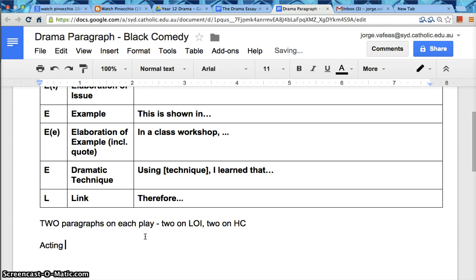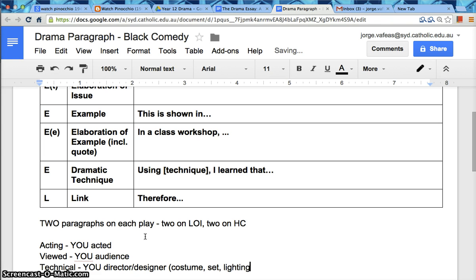An experience in which you acted, an experience in which you were the audience, or an experience in which you were the director or designer, and that would be costume, set, lighting, sound.